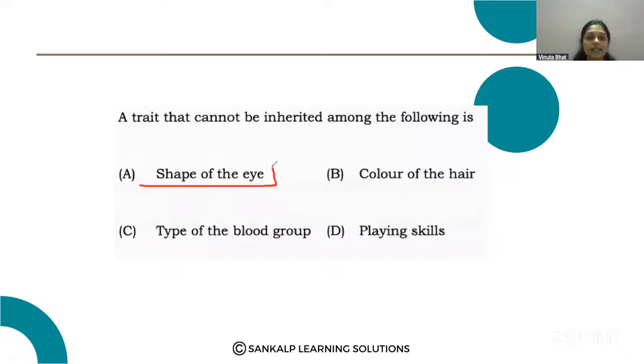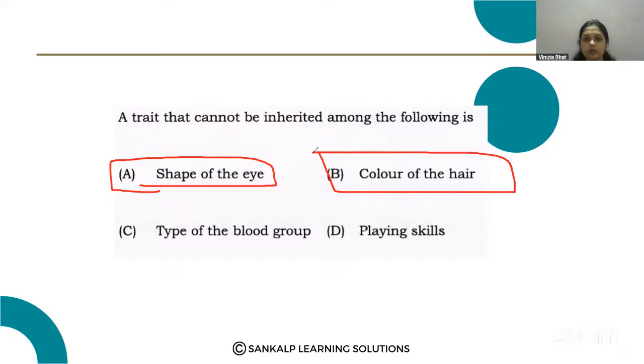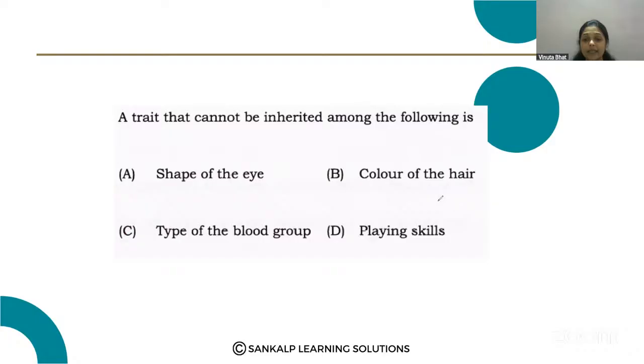Shape of the eye can be inherited to the next generation. Color of the hair also is inherited. Type of blood group also is inherited. But playing skill, option D, cannot be transmitted from one generation to the next generation. Okay.